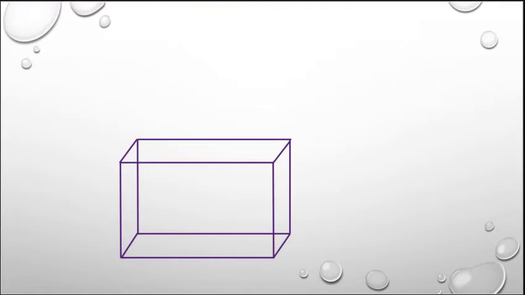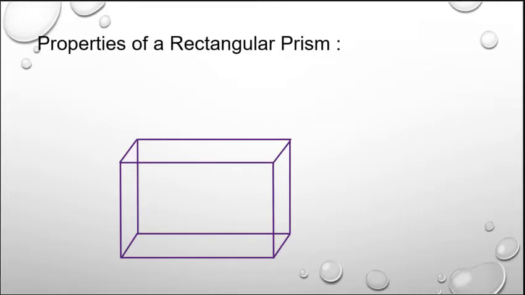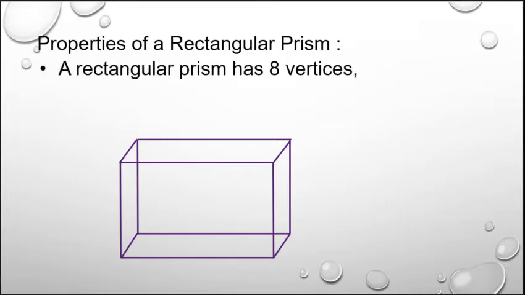Here is an example of a rectangular prism, and its properties are: a rectangular prism has 8 vertices. 1, 2, 3, 4, 5, 6, 7, and 8.